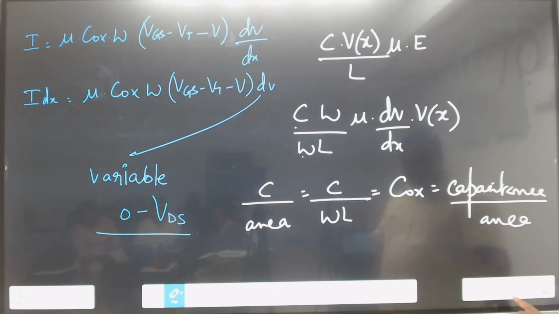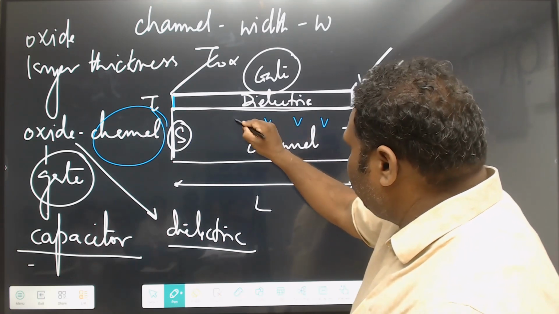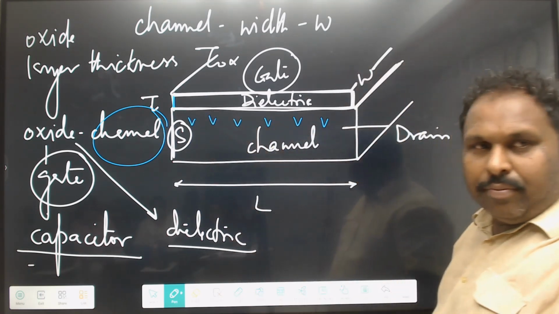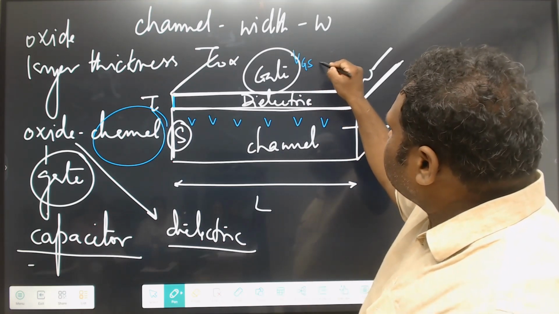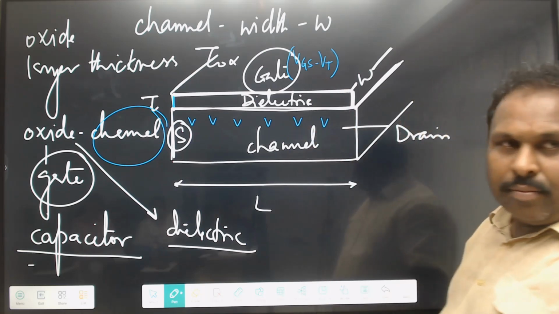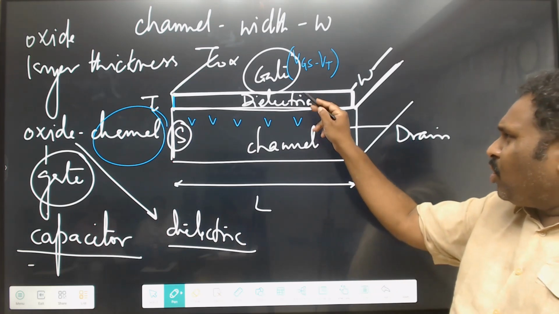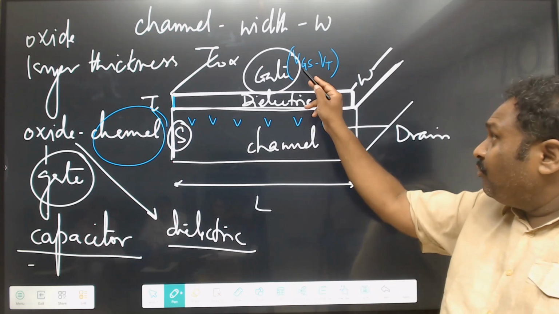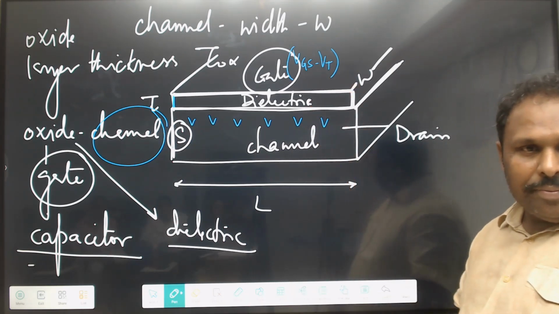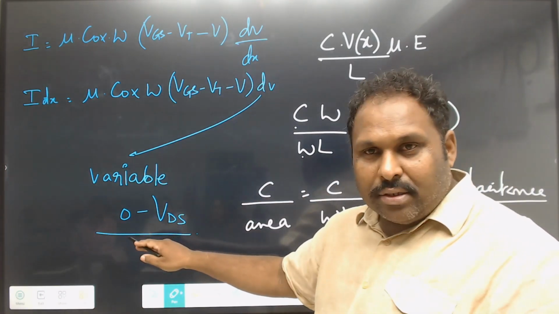So the summary of the discussion is, this is V, the variable. What is the voltage I am giving here? VGS minus VT, something greater than VT. So the voltage across the dielectric is VGS minus VT minus V. I have to integrate this from 0 to VDS.